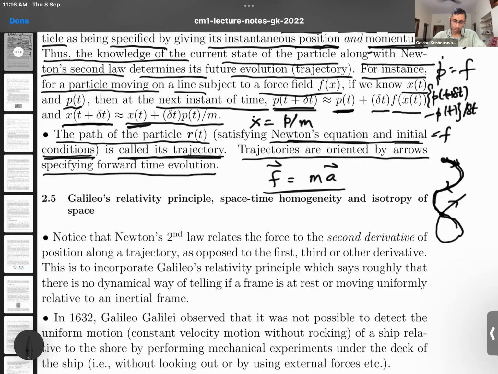But the main point is that at a given location, the trajectory can come back to the same location, but when it returns, if it has a different velocity, then you will have a non-trivial intersection. If it happens to return with the same velocity, then you will start retracing that curve. Maybe I should have asked that as a question to you.